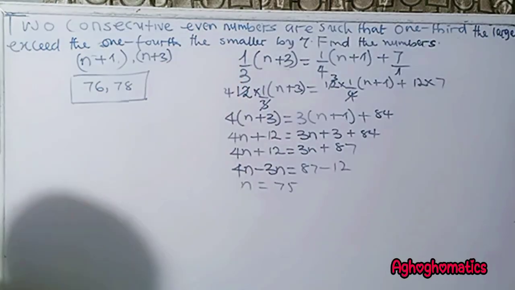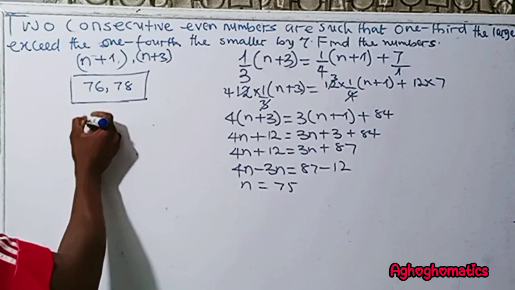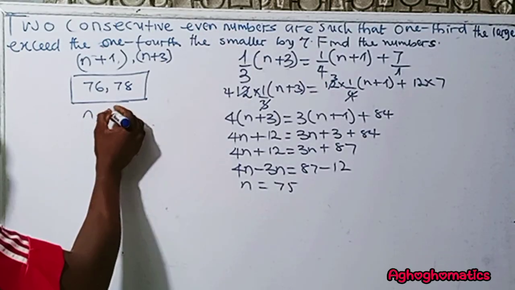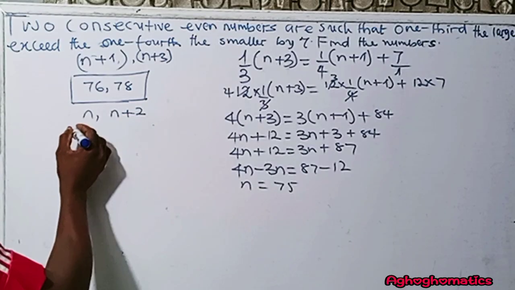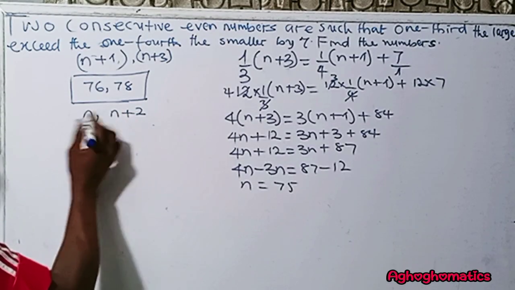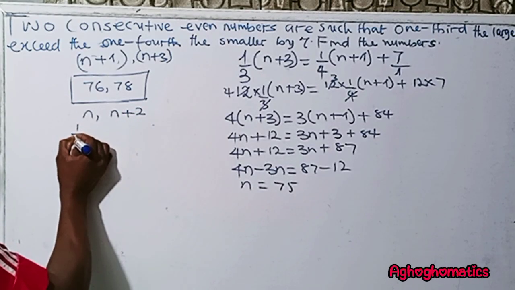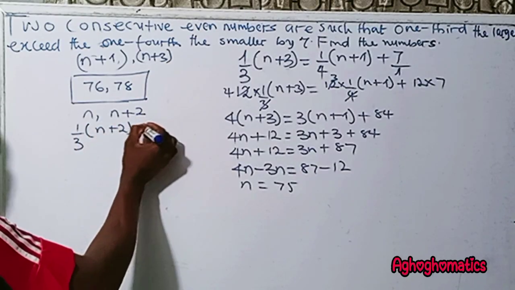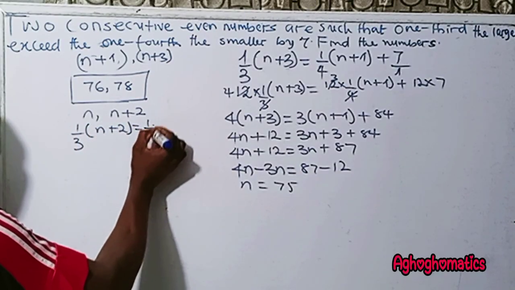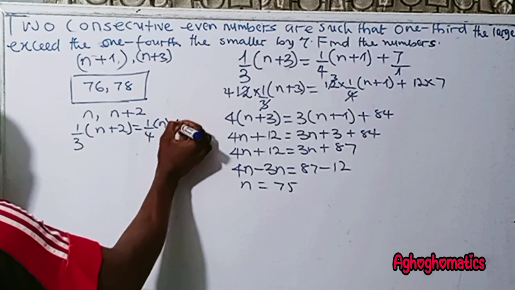Another way you can also do it, you can say that n is one of the numbers, the next one will be n plus 2. So here will become 1 third, the larger number, which is n plus 2 now, is equal to 1 fourth, the smaller number, plus 7.